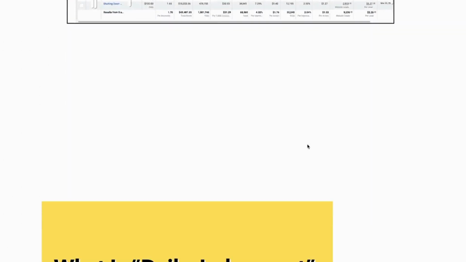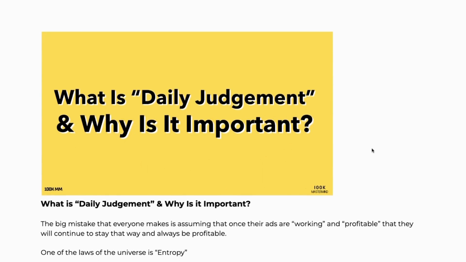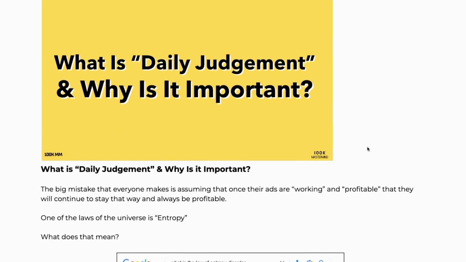So what is daily judgment and why is it important? The big mistake that everyone makes when it comes to paid advertising is that they say, cool, once my ads are working and profitable, they're always going to stay that way, like they are winners and that's it. But one of the laws of the universe is entropy. Maybe you know what that is, maybe you do not, maybe this is your first time hearing about it.